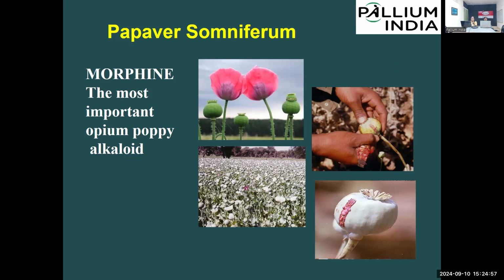From the seed of the poppy plant, morphine is extracted. In India, it is legally permitted. The states which have legal permission to cultivate it are Madhya Pradesh, Uttar Pradesh, and Rajasthan.